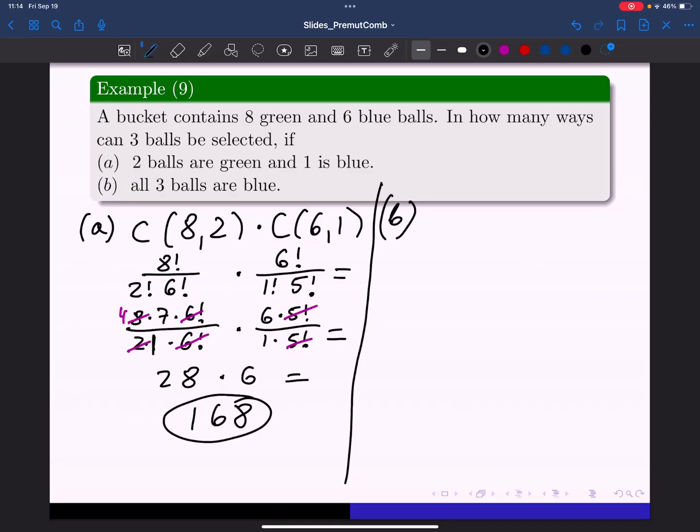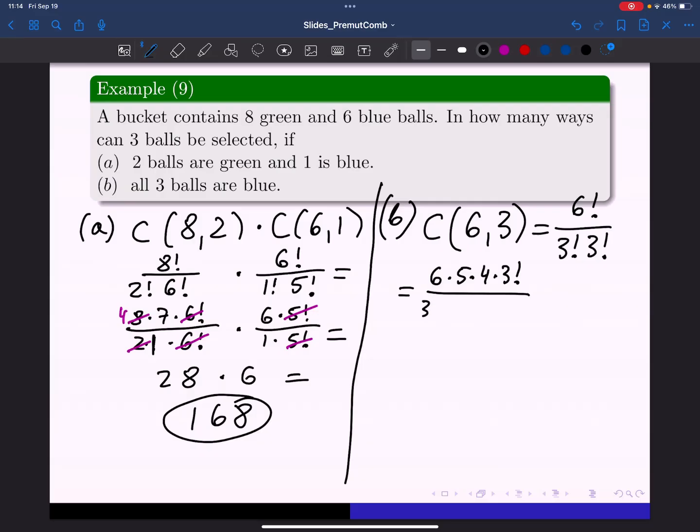For part B, we need 3 blue balls. So we're choosing from blue balls. There are 6 blue, so we have 6 choose 3. So this would be 6 factorial over 3 factorial times (6 minus 3) factorial, which gives me 3 factorial. So this is 6 times 5 times 4 times 3 factorial over 3 times 2 times 1 times 3 factorial.